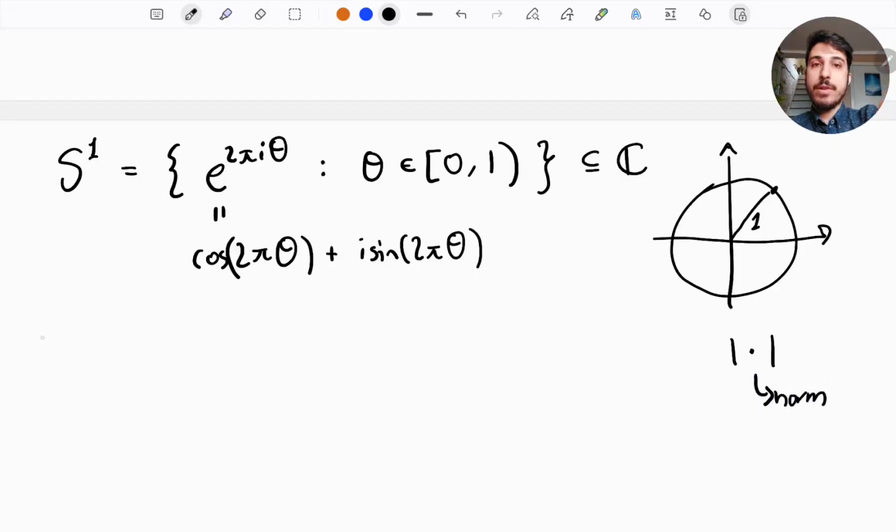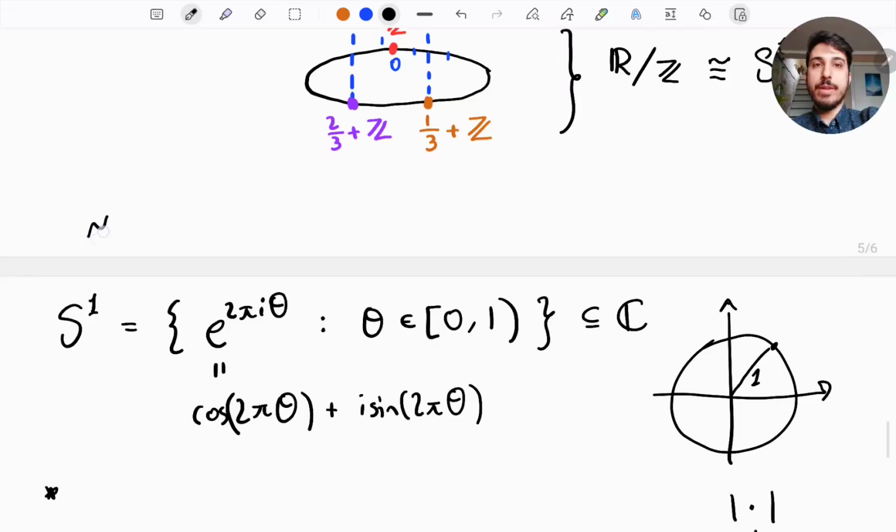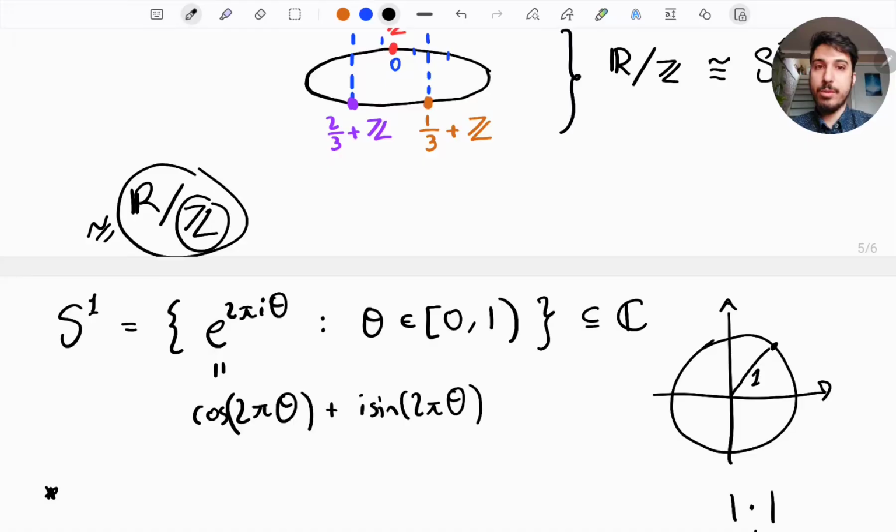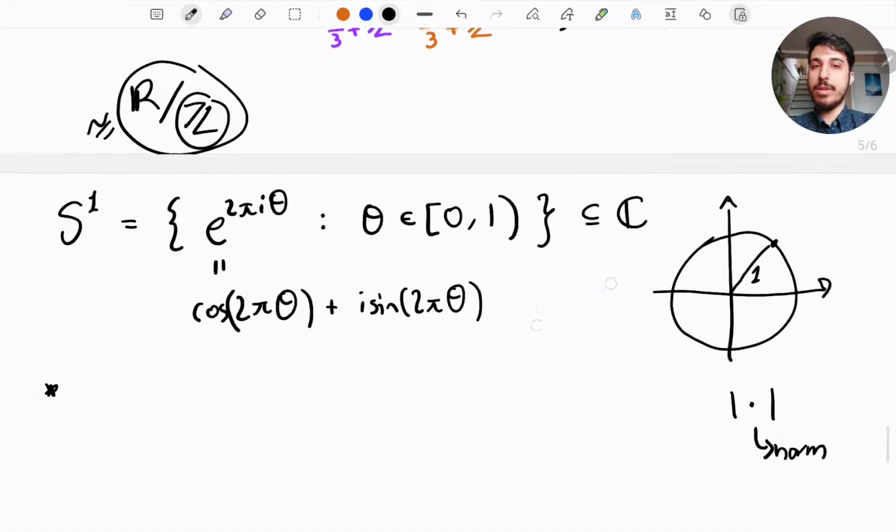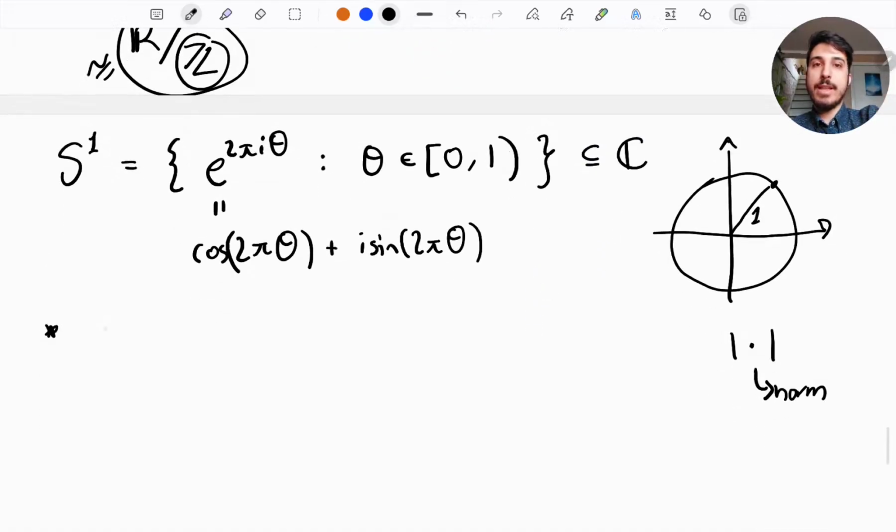So first of all, we need to say it's a group, and that's why this is isomorphic to our quotient with Z. So this means this is a group and Z is a normal subgroup. To prove that S1 is a group, we need to say that it is closed under the group operation. What is the group operation? Multiplication.